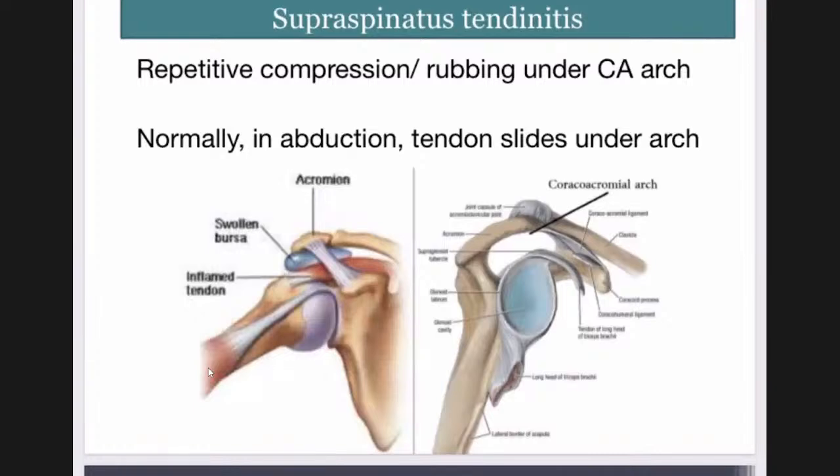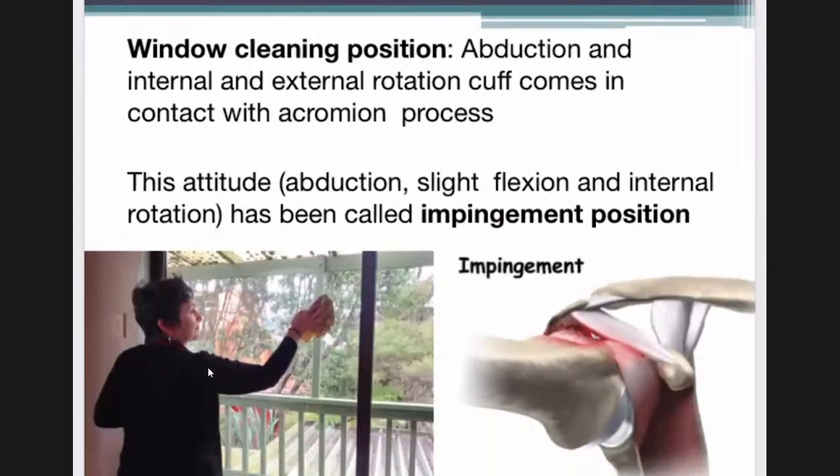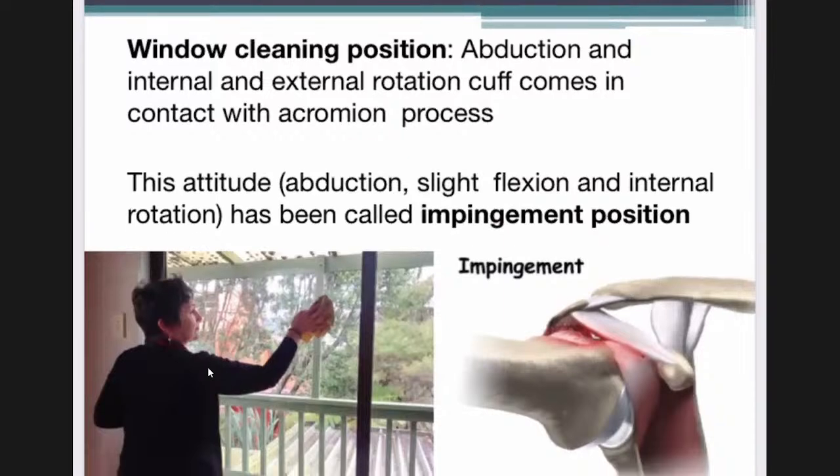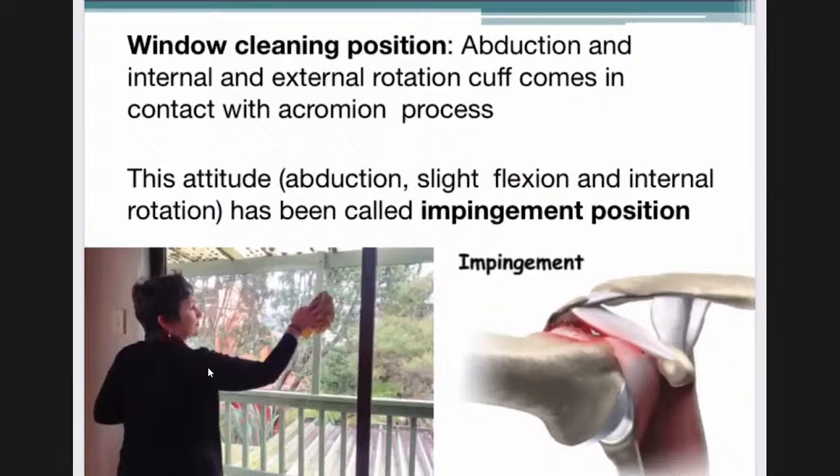Now, this rubbing or compression is very common in this window cleaning position. That means when the shoulder is in abduction and slight flexion, and when there's a movement which causes an internal and external rotation of the cuff, then the cuff comes in contact with the acromion process.